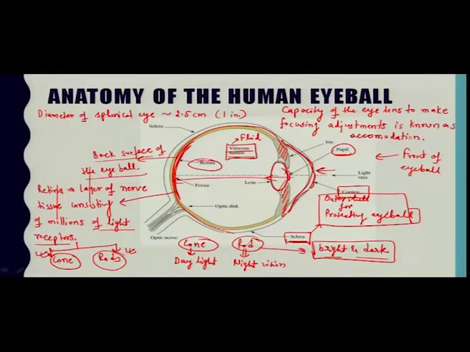Now coming back to the eyeball anatomy, the retina has two regions, as you can see: fovea and optic disc. Much of the image is focused on the fovea region. It is clear from the figure itself, although it is a bit messy.